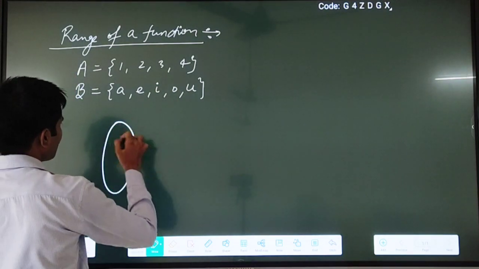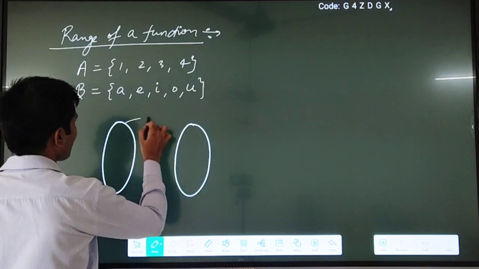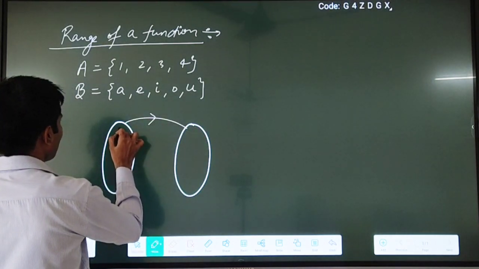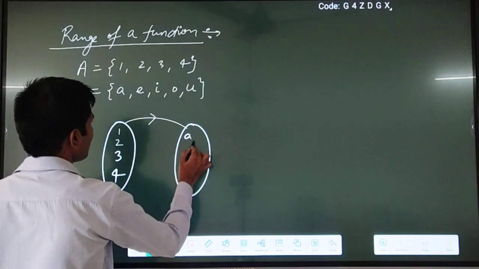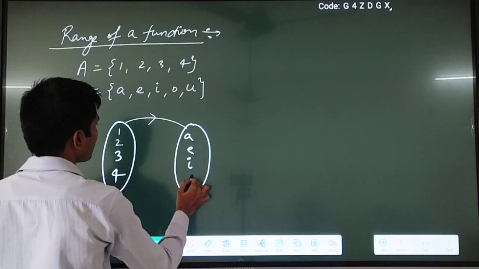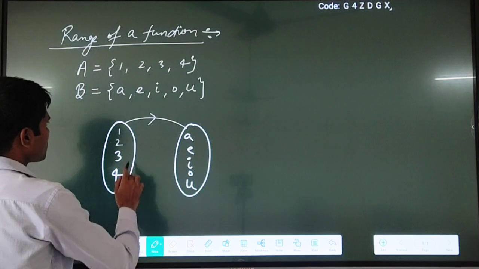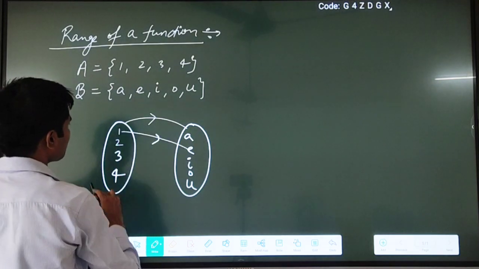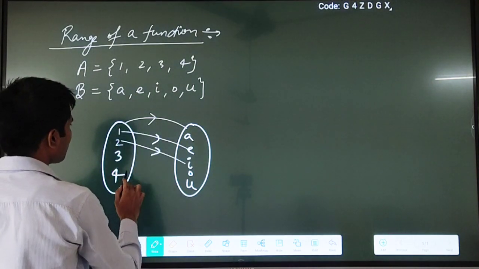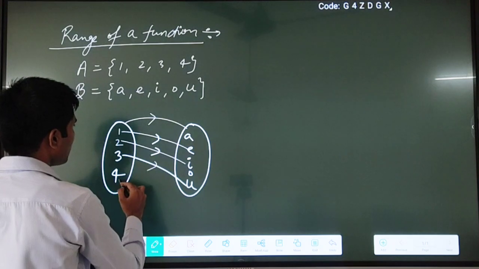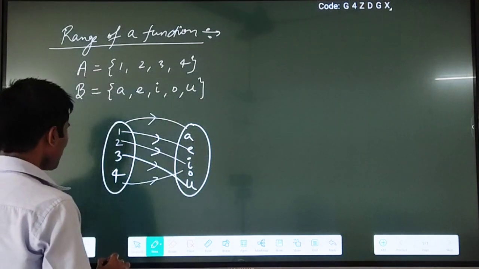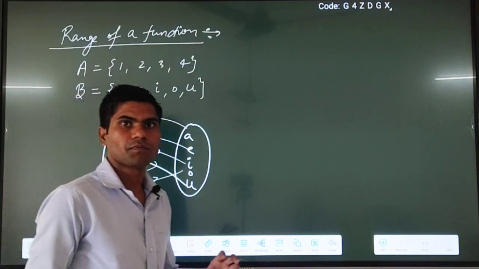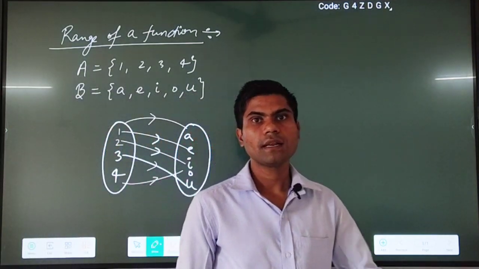Here we can represent these two sets like this: 1, 2, 3, 4, and here a, e, i, o, u. Let's suppose 1 is connected to e, 2 is connected to i, 3 to u and 4 to o. Okay, so here we have three topics: domain, codomain and range.